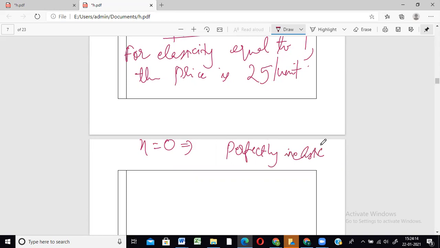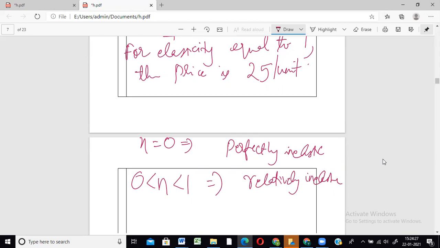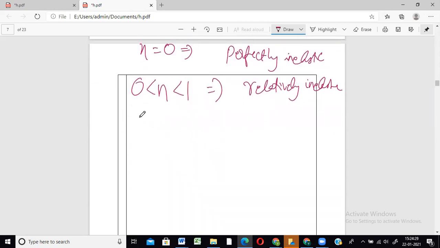Now 0 is done, and if it lies between 0 and 1, then it is relatively inelastic. Now if it is 1, then it is called unitary elastic.